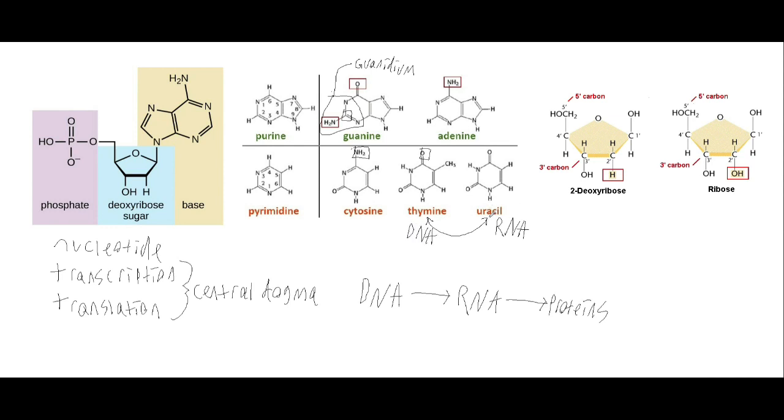So uracil will be bound to sugars like this that have the hydroxyl group on it, DNA to these deoxyribose. And the difference between them is just this methyl group here. So that's the only difference between thymine and uracil.